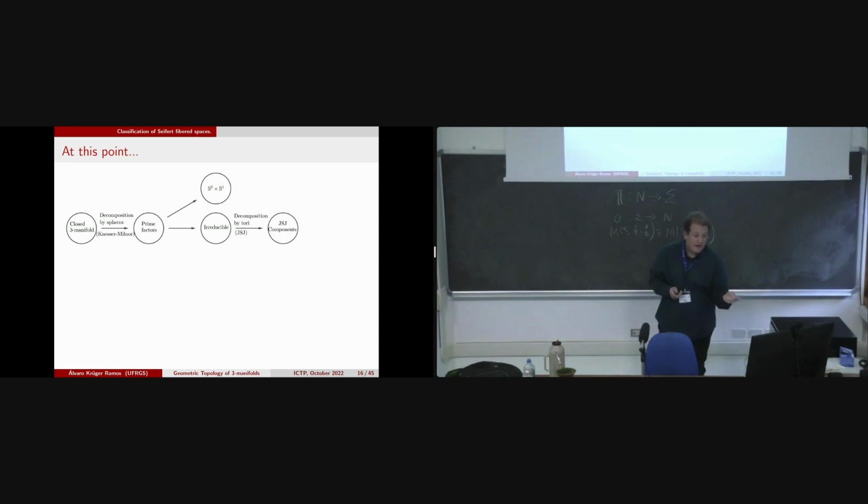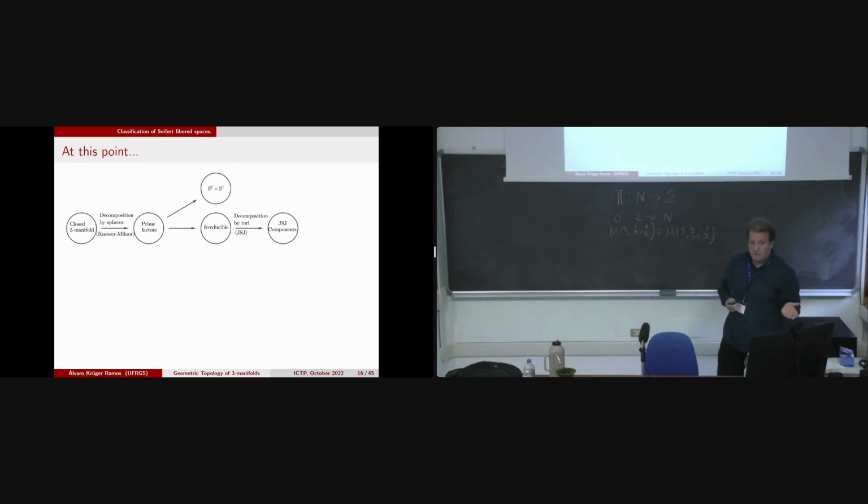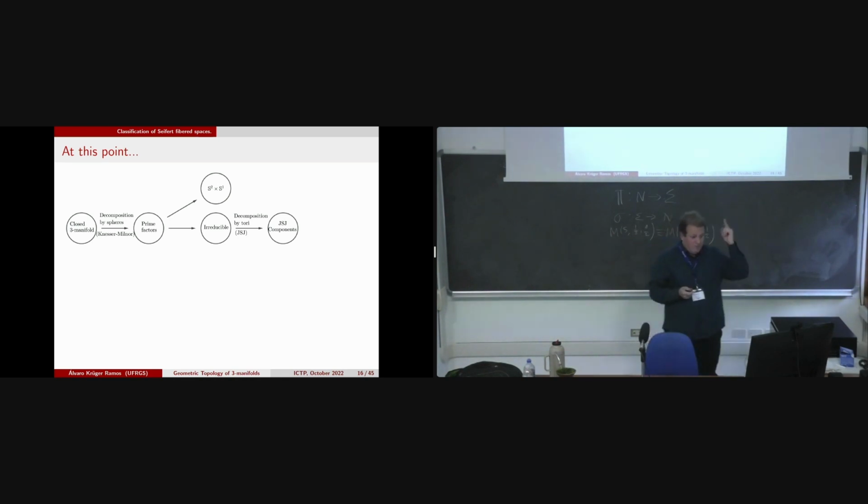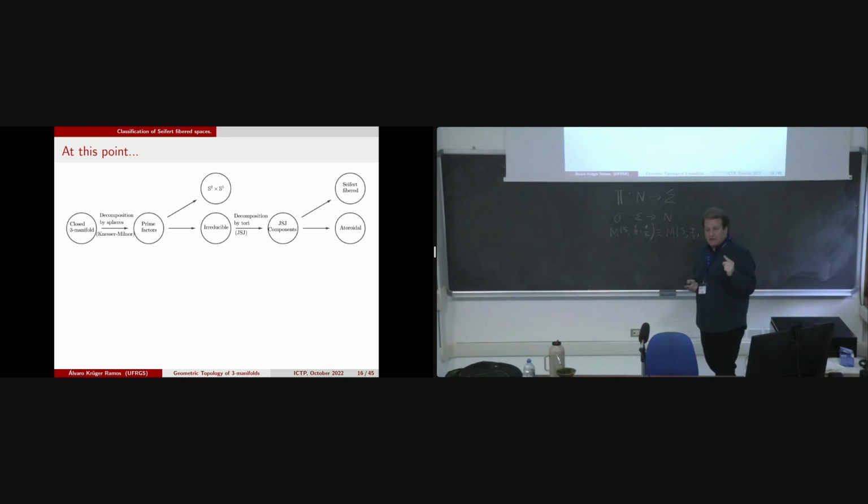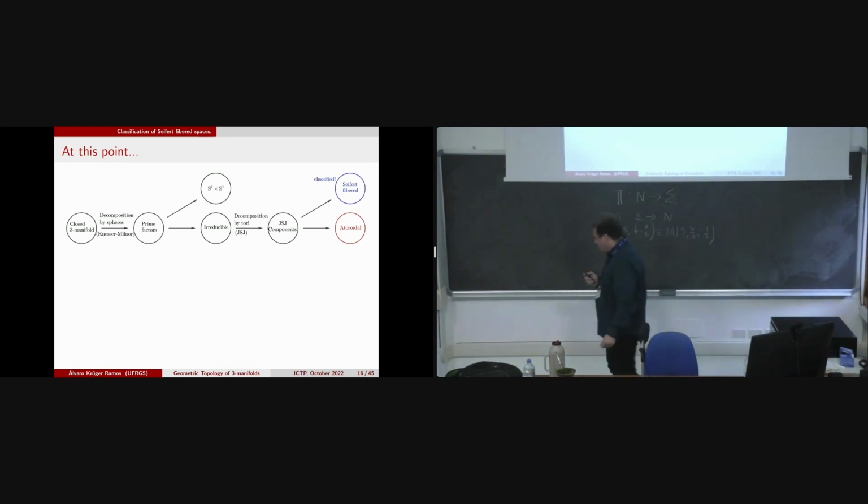For the irreducible factors, we go to a further decomposition by tori, the JSJ decomposition, and then you have the JSJ components. These are either Seifert fibered or atoroidal components, and the Seifert fibered components are now classified. So we need to work with toroidal manifolds at this point.